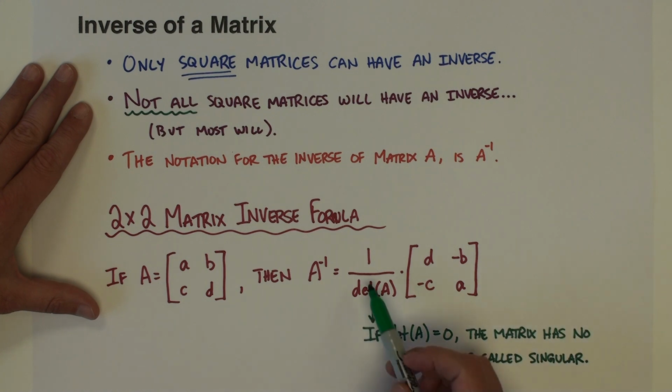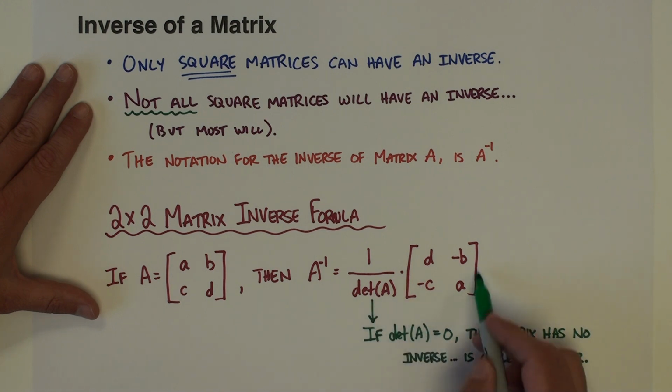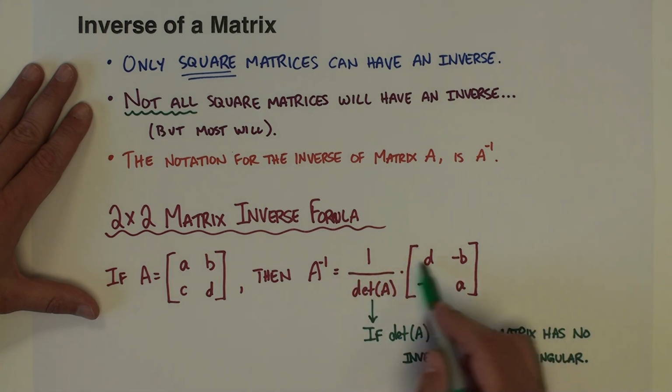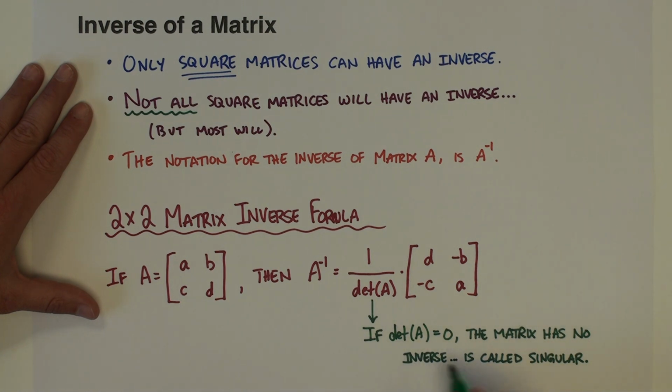And that should make sense because we've got the determinant of the matrix on the denominator of the fraction. You're not allowed to divide by 0. So if that number right there is 0, then you can't do any of this inverse formula right here. Now, if the matrix has no inverse, a little bit of vocabulary here, we call that a singular matrix. Okay, that's enough for this slide here.